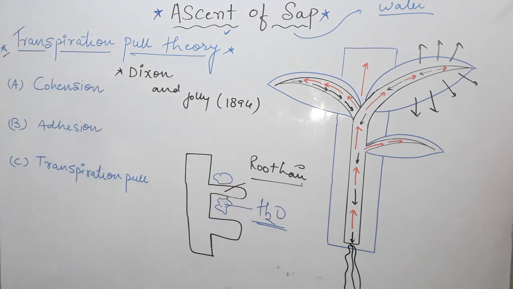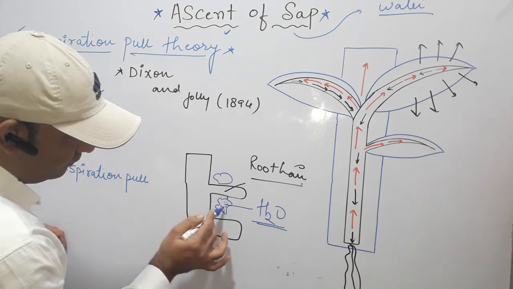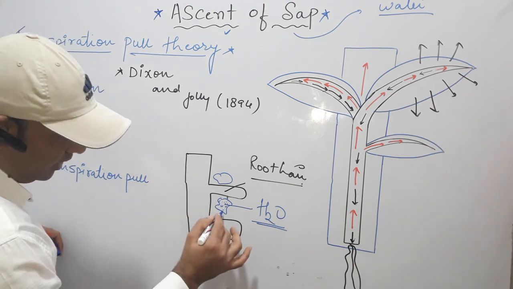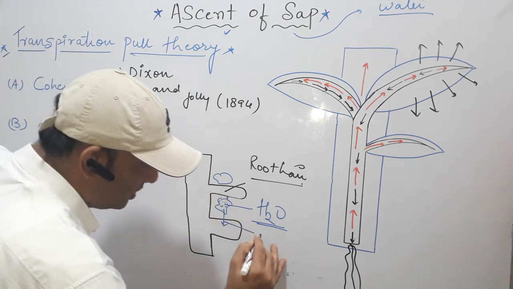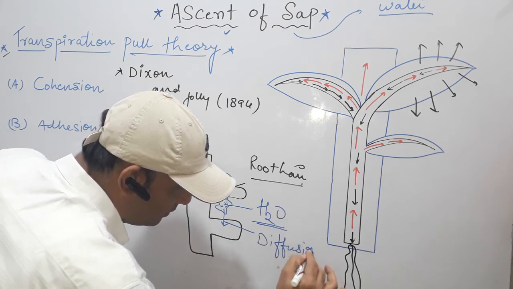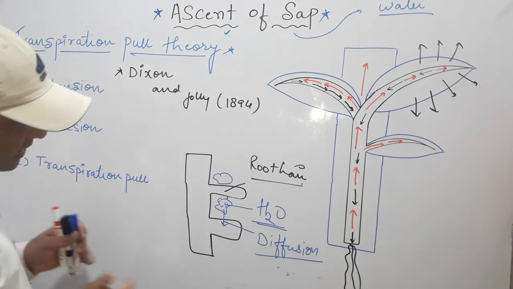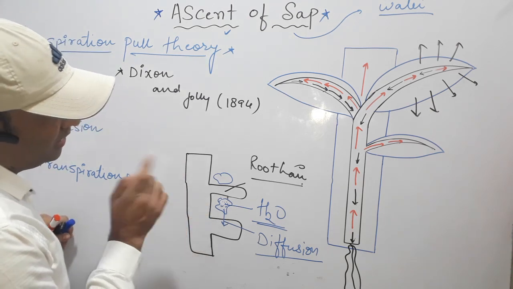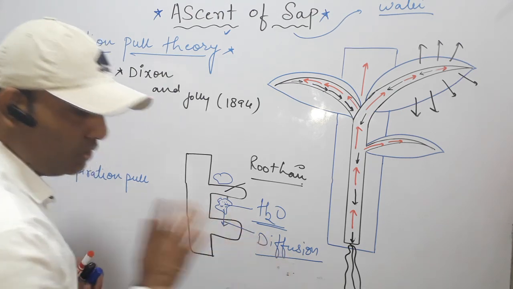So the first mechanism applies here: the water present in the soil now travels to the root hair by the process called diffusion. So at the first stage, the water present in the soil travels from the soil particle to the root hair by the process called diffusion.